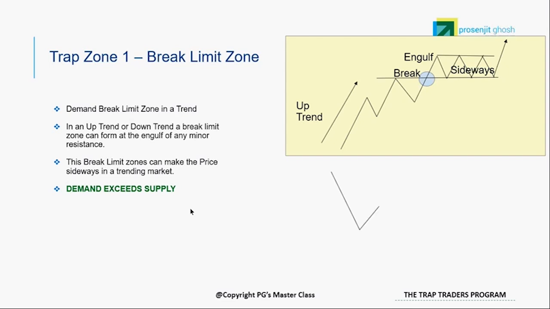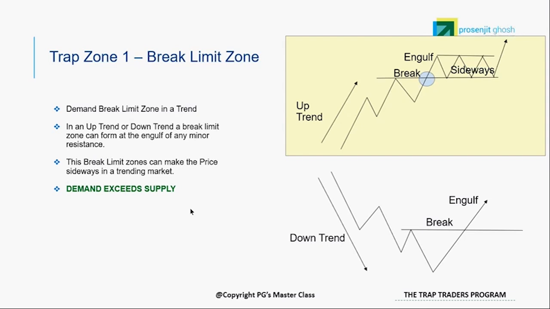In the same way, price is going down, with lower highs and lower lows getting created. There is a minor resistance there, and price engulfs the minor resistance.